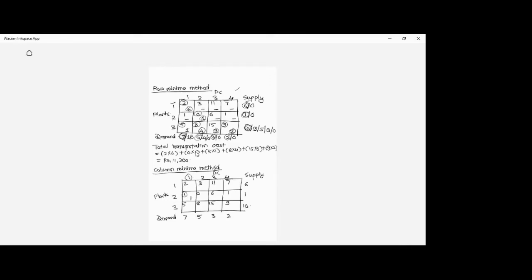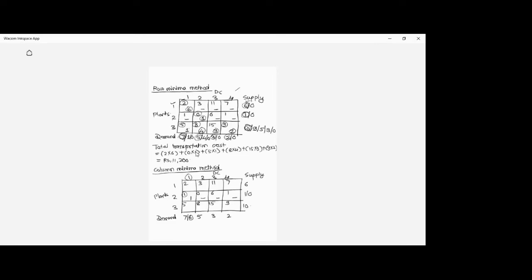After this, I require 6 more million liters of milk here, but I have exhausted the supply here, and further I cannot put any values in this row, right? So here we have exhausted the plant, but we haven't exhausted the distribution center as of now. We still have 6 million liters of milk to be supplied to this distribution center.